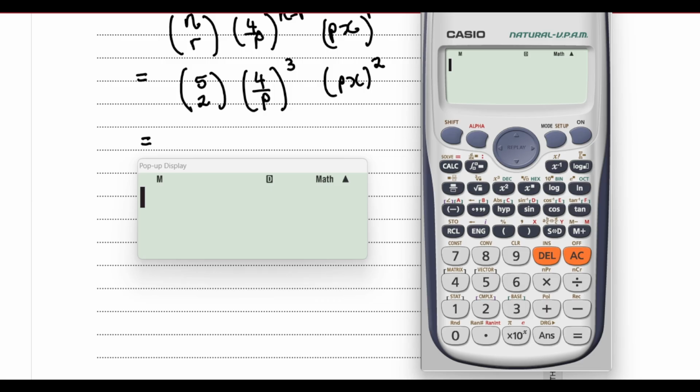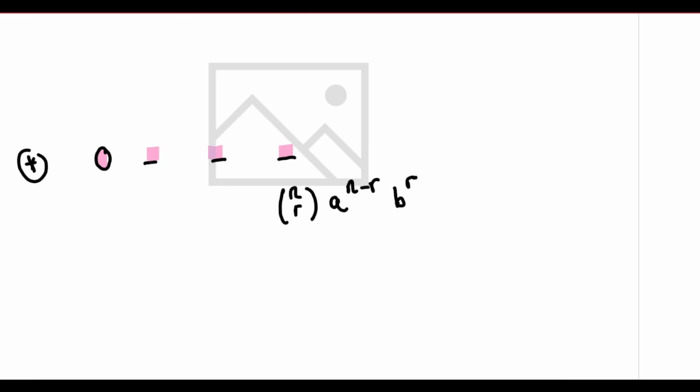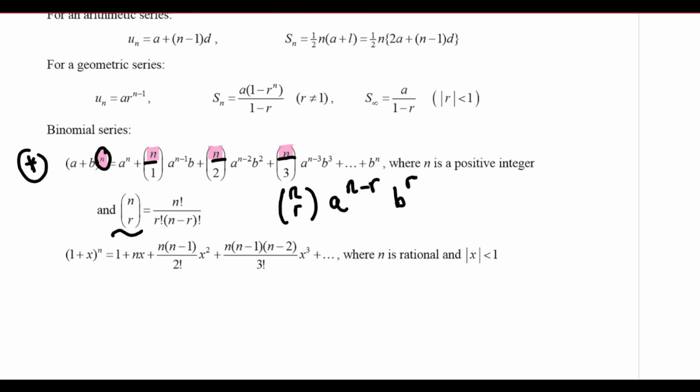On your Casio calculator, you can press 5, then shift the division symbol, 2. So you have 5C2, and it will tell you it's 10. By the way, it doesn't mean 5 times 2 is 10. This is using this formula over here to find 10.